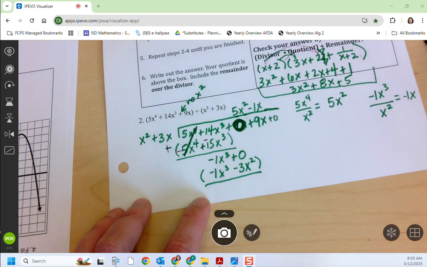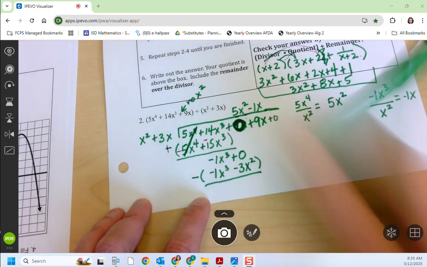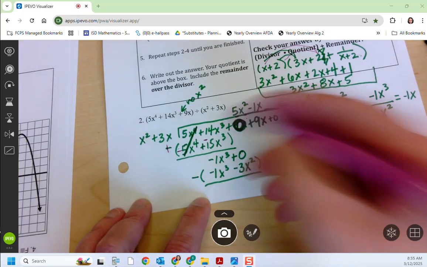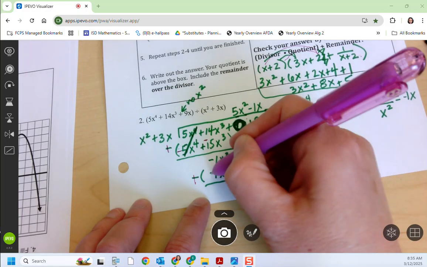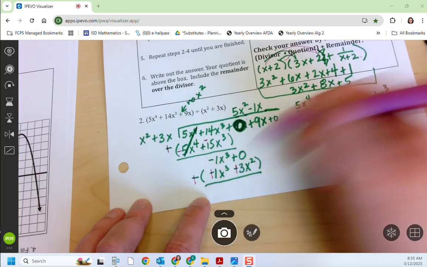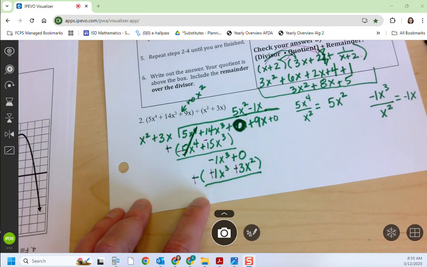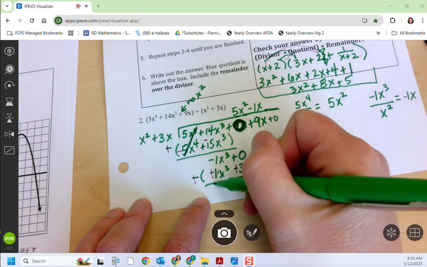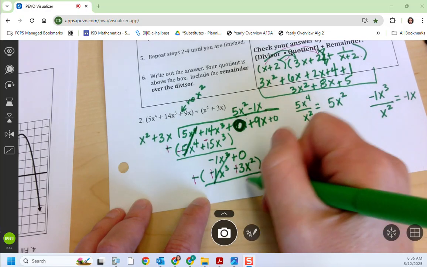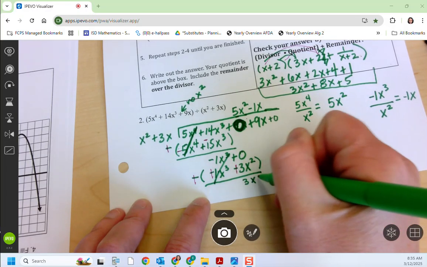So I need to subtract, and here's where it's going to become very useful to just change the signs of both things, because otherwise you'd be doing minus minus, which is kind of messy. These will cancel. 0 plus 3x squared is 3x squared.